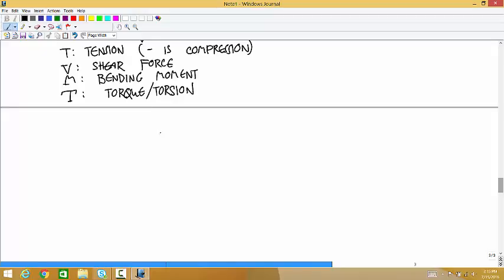But for the bending moment, remember that a positive bending moment does this. And a negative bending moment does this.